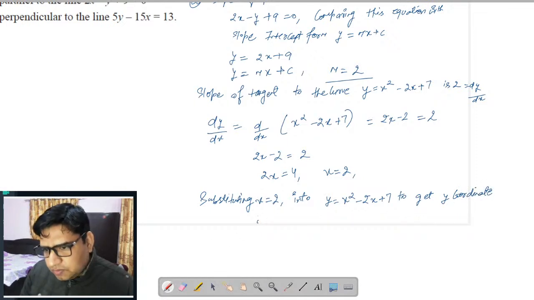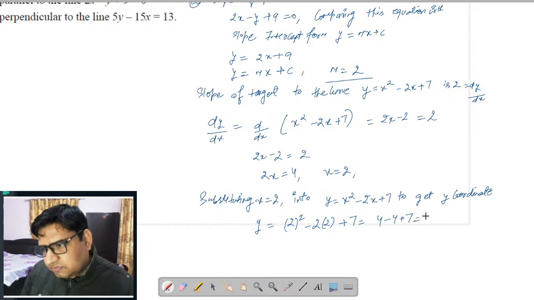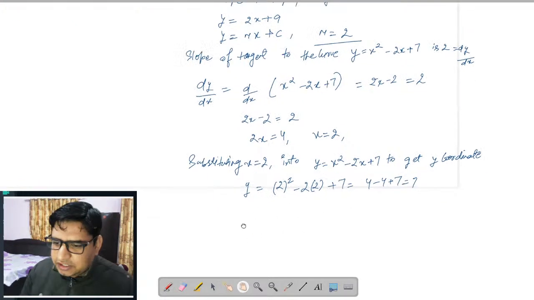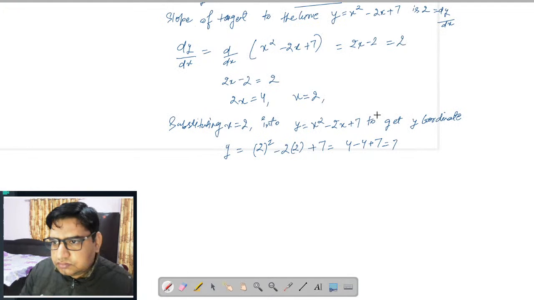So y is equal to 2 square minus 2 into 2 plus 7, so that is 4 minus 4 plus 7, which is 7 only. Okay, so we get a point, x is equal to 2 and y is equal to 7.